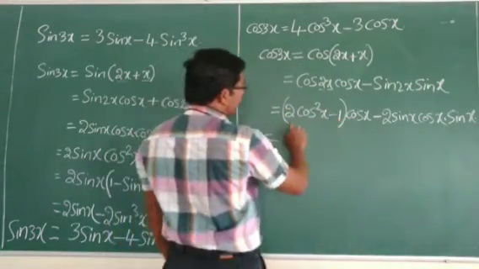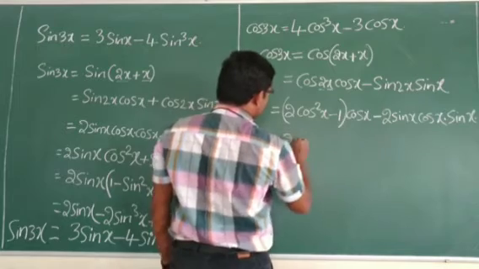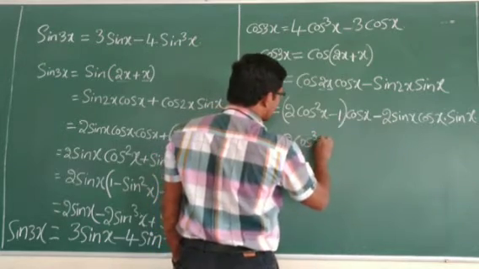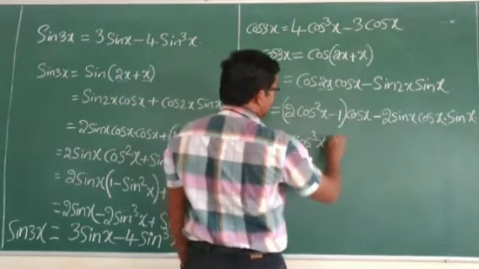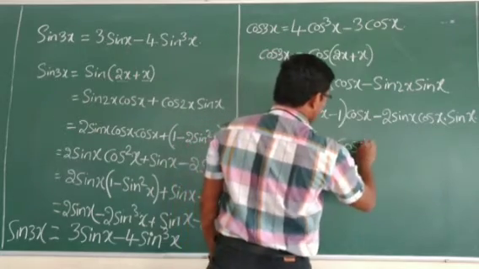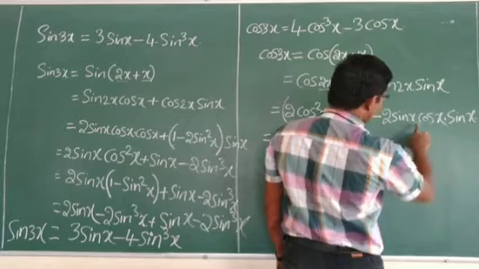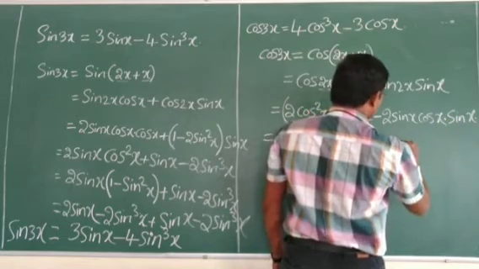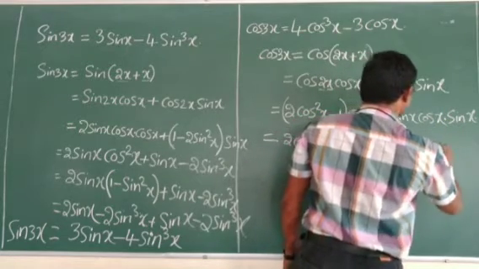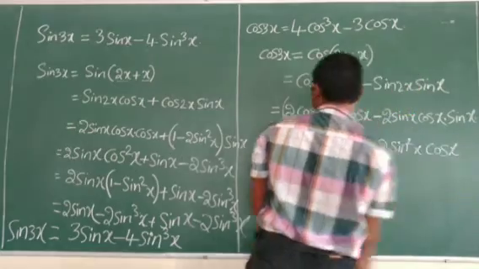Now multiply 2 cos square x into cos x, that becomes 2 cos cube x minus cos x, minus 2 sin x into sin x, sin square x, into cos x.